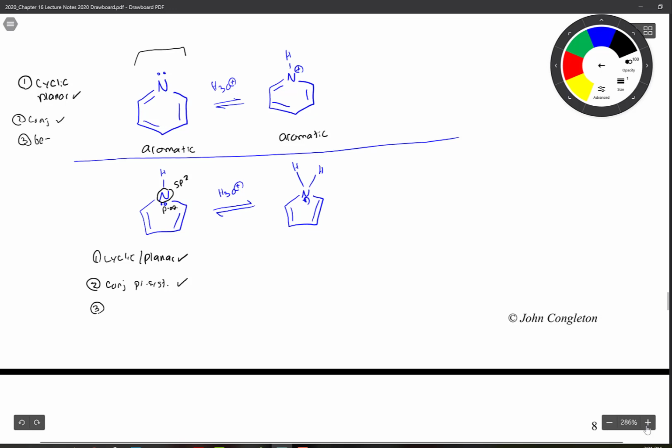And how many electrons do we have? 2, 4, 6. 6 electrons. That means that we are aromatic here. Oh, what about this guy? Well, right off the bat, that cannot be sp2. That is sp3, which means that we're non-aromatic.